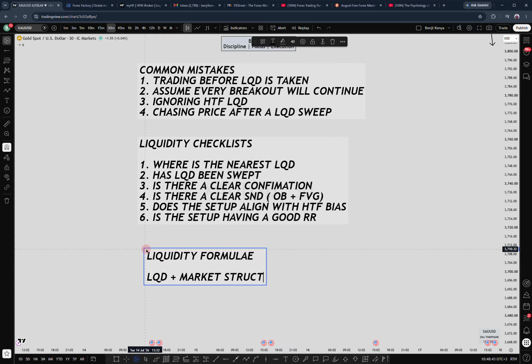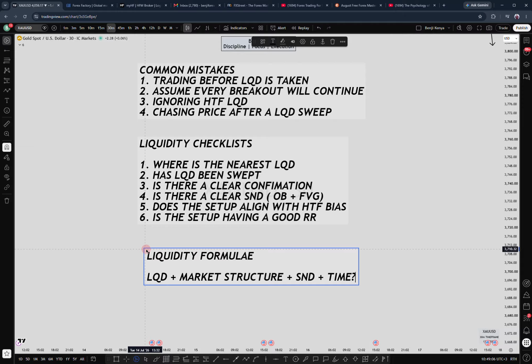Market structure is also the same as bias, or are we bullish or bearish? After you understand market structure, mark your S&D levels. These are supply and demand levels. Once you mark them out, wait for time and price theory.